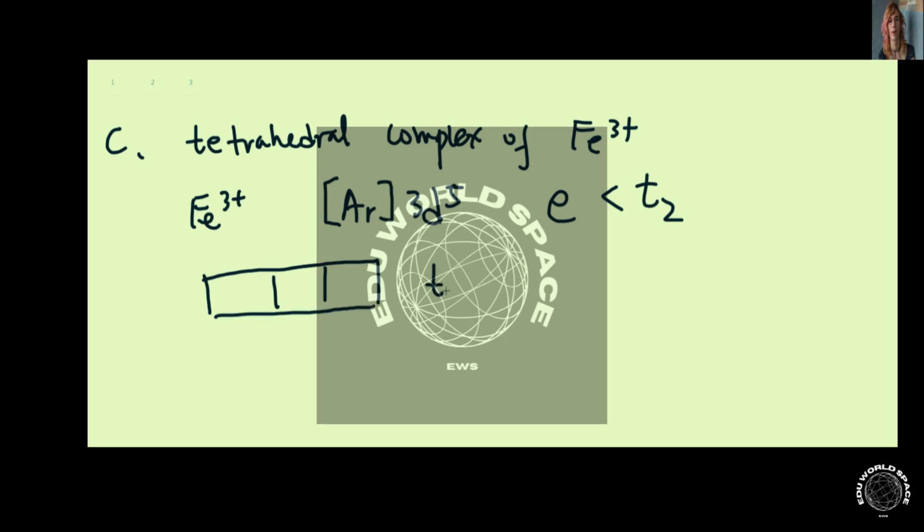This is the T2, and the lower one is the E orbital, and the electrons will be half-filled in all of these places. So compared to the choices 1, 2, 3, and 4, we see that this is the same as number 3, the tetrahedral complex of iron 3+.